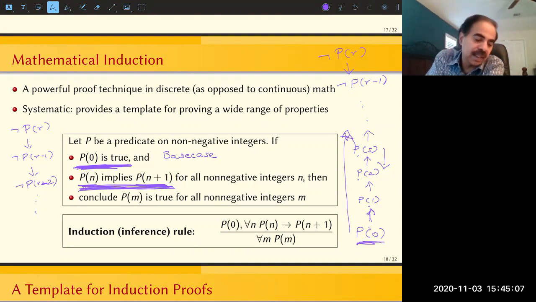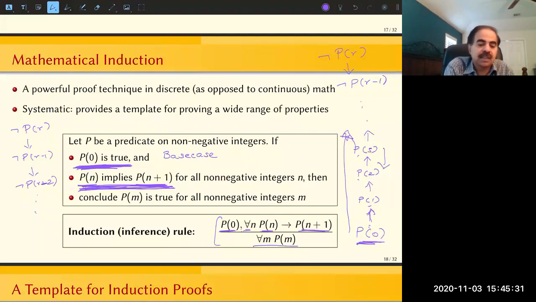And here is an inference rule that captures how induction works. So you prove that P of 0, and then you also prove that for all n, P of n implies P of n plus 1. Then you can conclude that P of n holds for every n, okay?